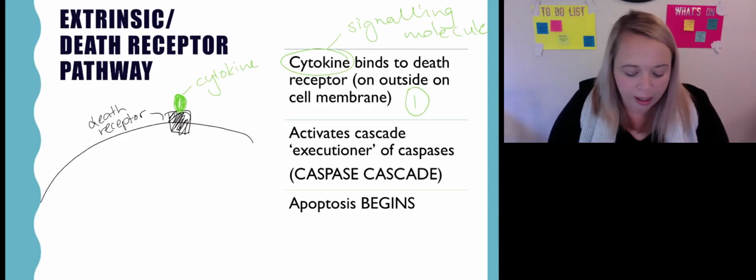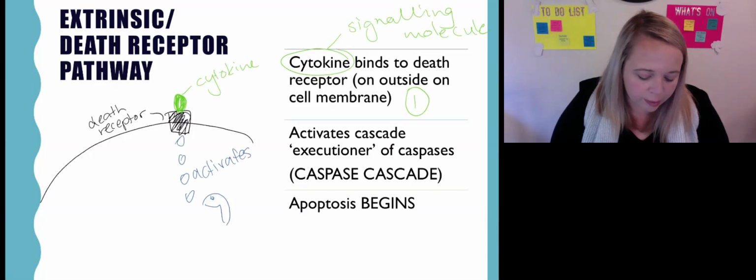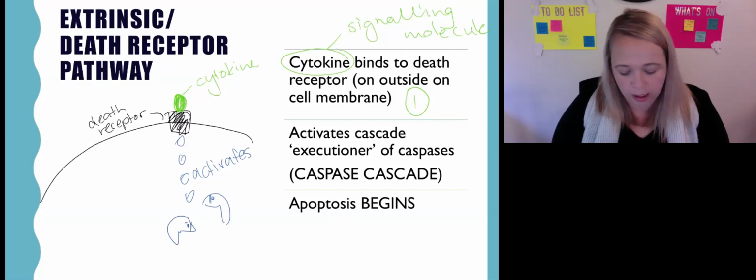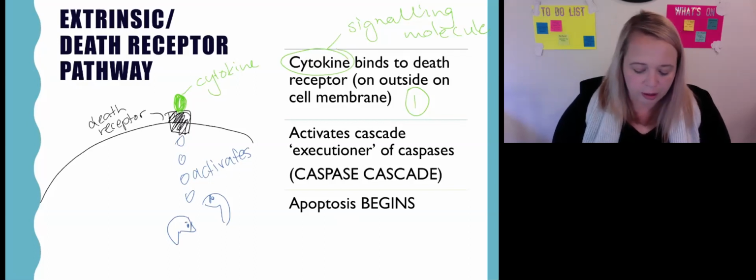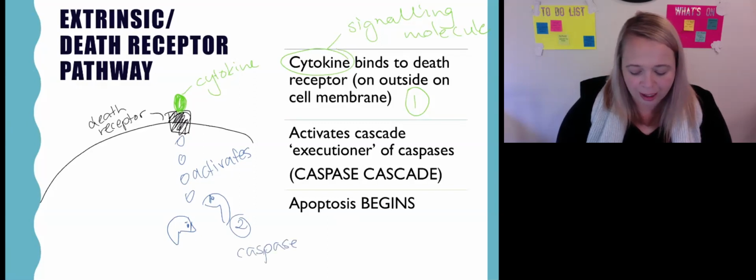All we need to worry about here is that this activates a bunch of my angry little caspases. Oh, he almost looks happy for a minute. Now he looks like he's wearing glasses. And that is the caspase cascade. So they activate number two down here, my caspase cascade. So how much easier is that one?